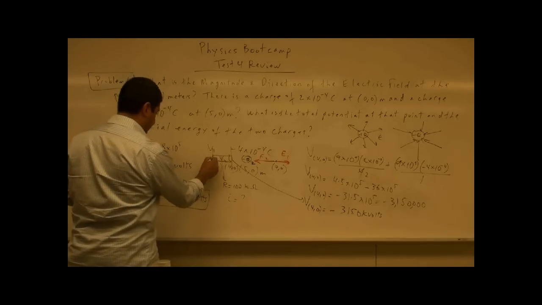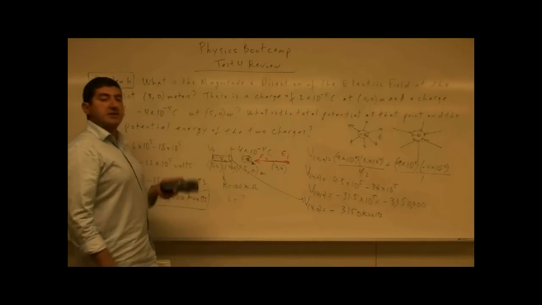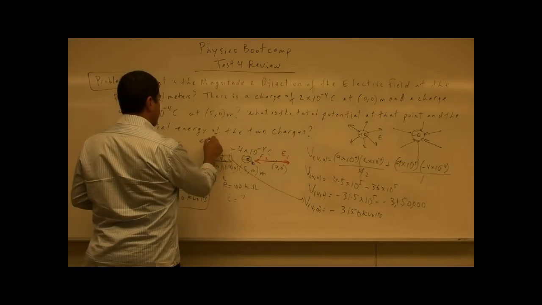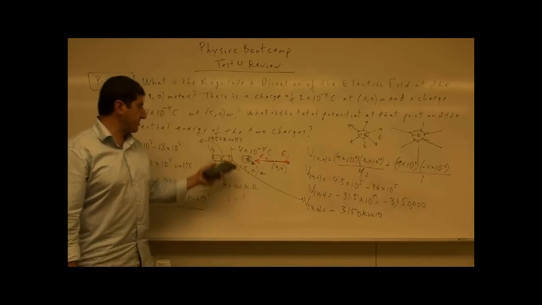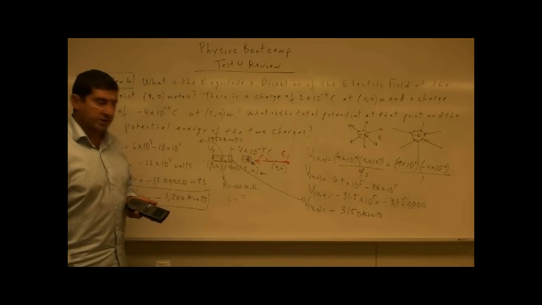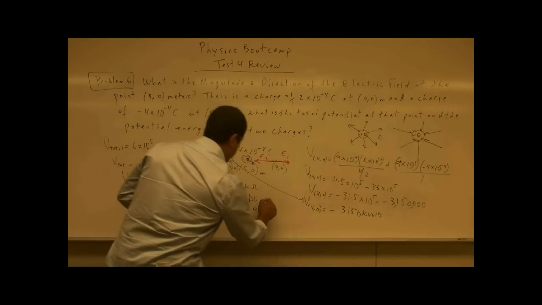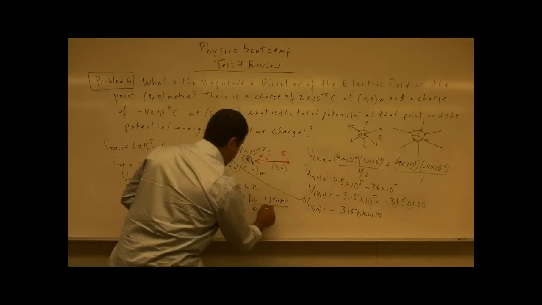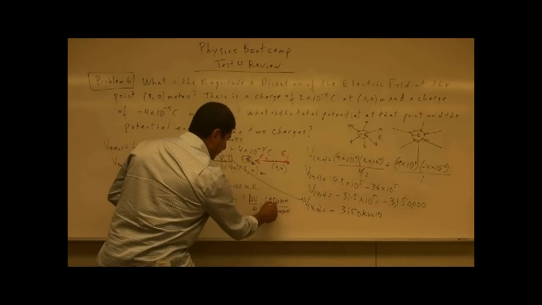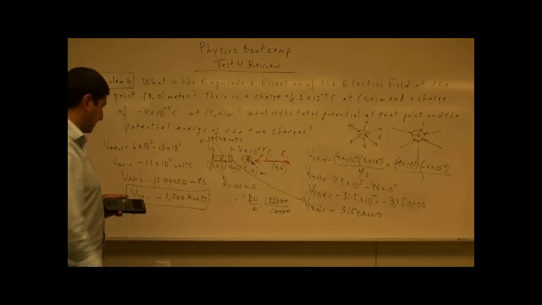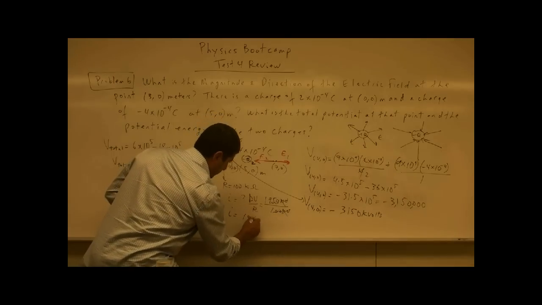So the difference is 1950 kilovolts. Now I can say the resistance of the rod is 100 kilo ohms. What's the current? The current is the change in voltage divided by resistance. 1950 kilovolts divided by 100 kilo ohms. The kilos cancel, and you end up having 19.5 amps.